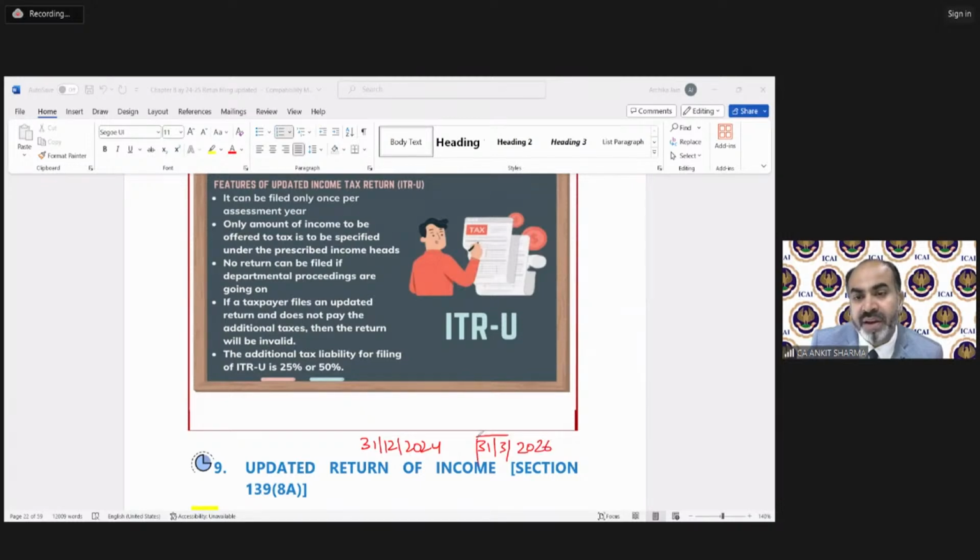The last date of update is 2026. So if you file your updated return up to 31st March 2025, the additional tax will be 25%. And if you file after 1st April 2025 till 31st March 2026, then the additional tax liability will be 50%. That will be discussed. Just wait.